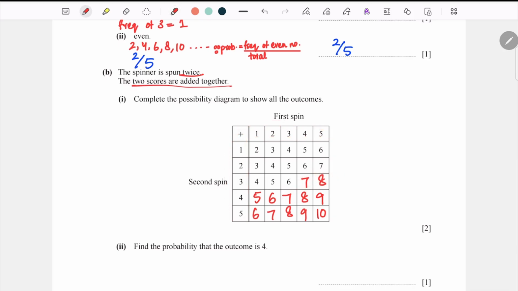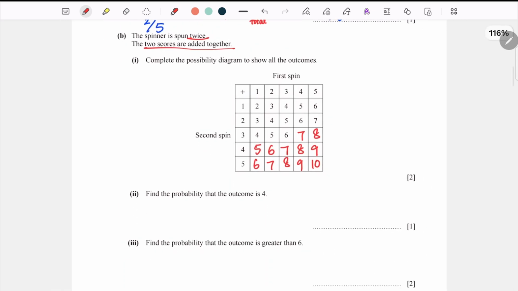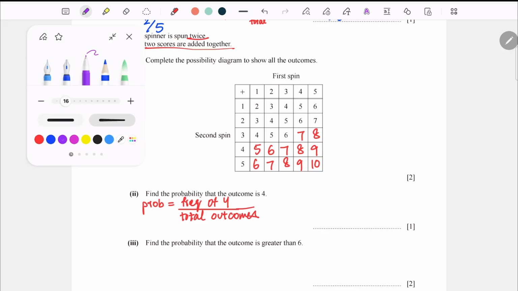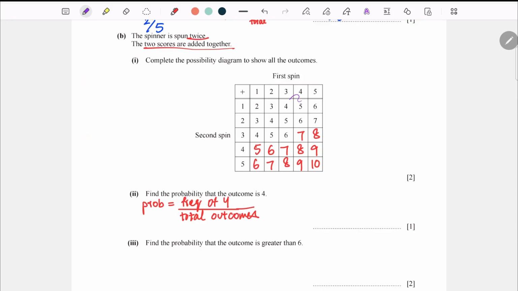Now in part 2, find the probability that the outcome is 4. Probability for the outcome being 4 will basically be equal to frequency of 4 on the diagram divided by the total outcomes. Now the frequency of 4 in the diagram is basically 1, 2, 3, 3.